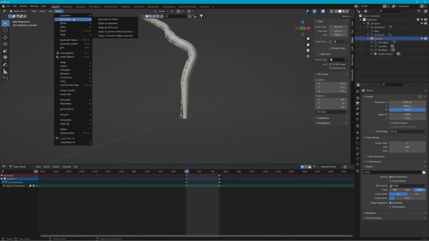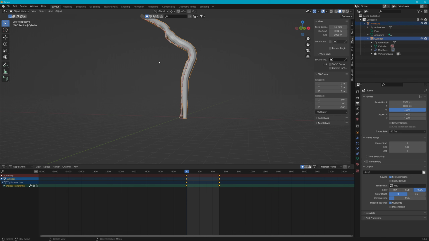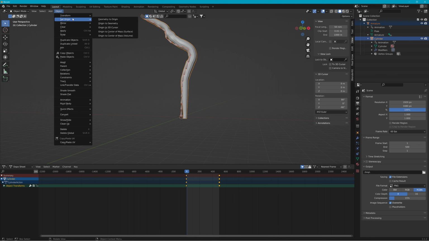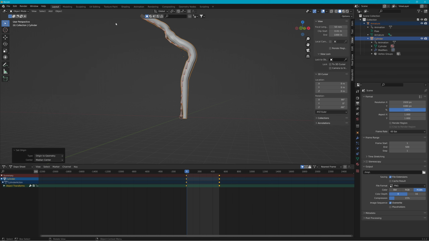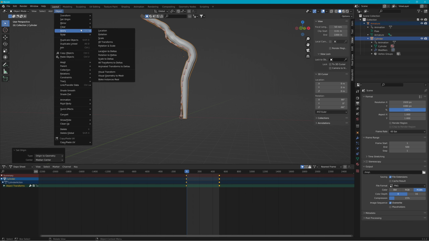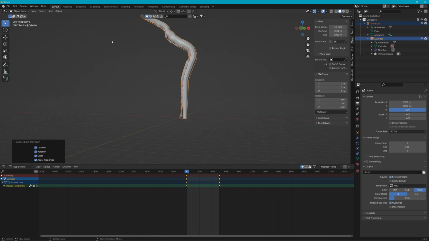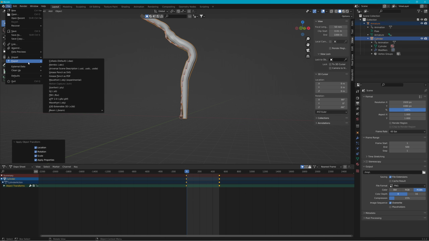Let's just try something different. Let's select everything, and let's set origin to geometry. Apply all transforms. Now export.